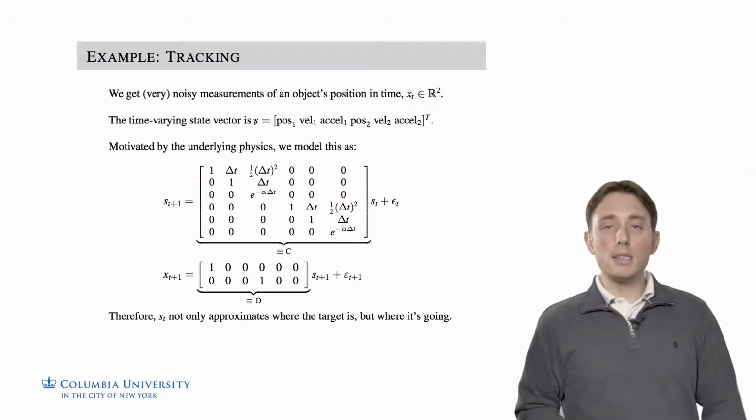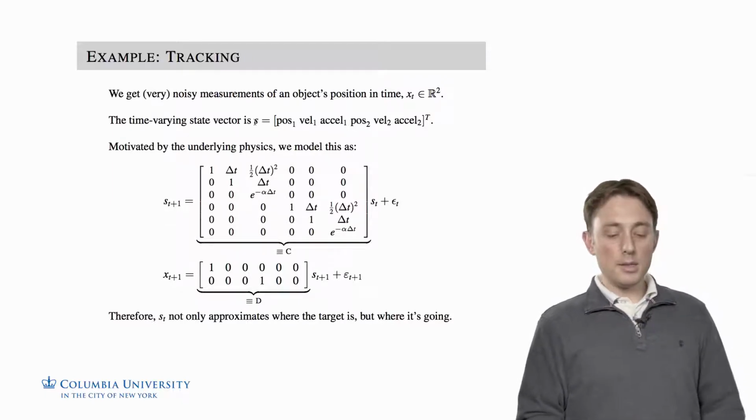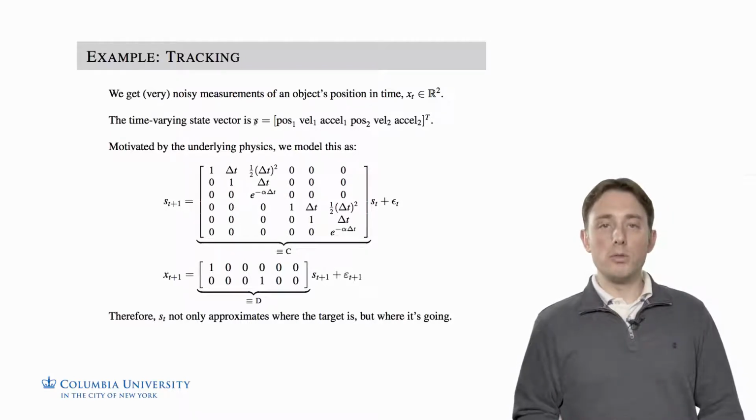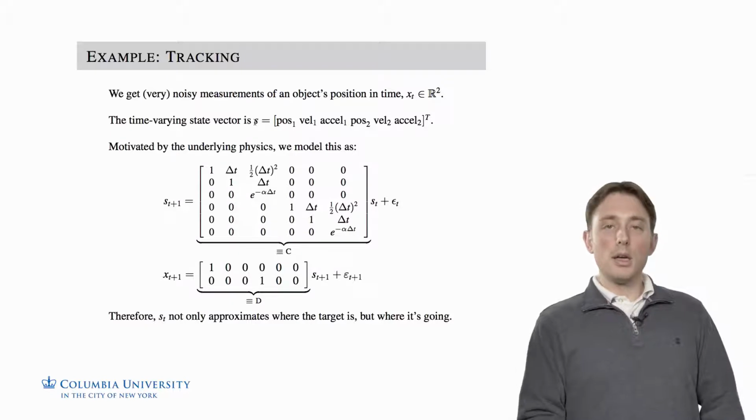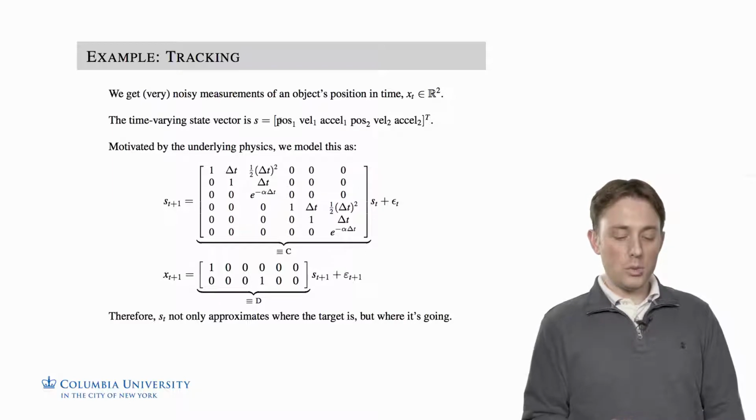The underlying state vector, which is also a function of time, is now going to be a six-dimensional vector. So this is the unobserved state. And each dimension in space in the measurement corresponds to three underlying states. For the first dimension in the observation, so for say latitude, we have the position as one of the latent states.